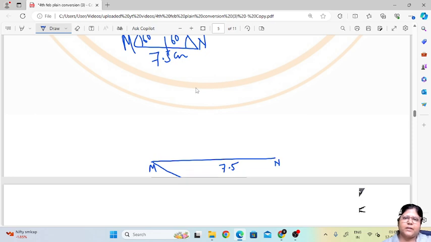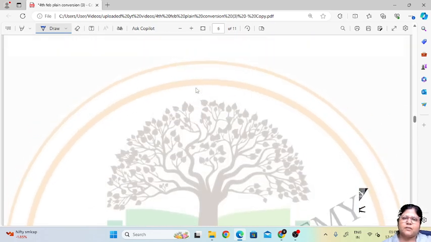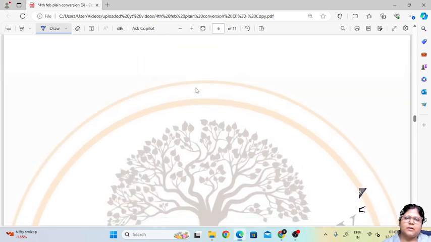Wait, I have to take it in the page only, because we require space to solve that. Okay, let us do it here. Let us draw a line of 7.5 centimeter and name it as MN.